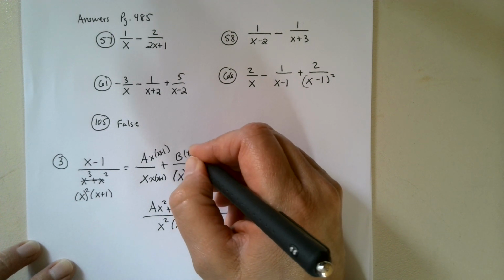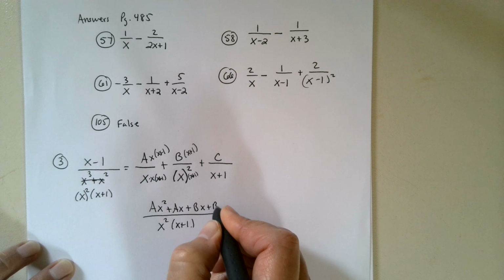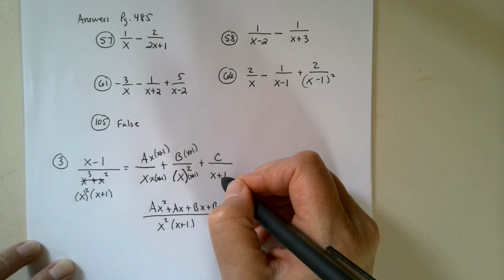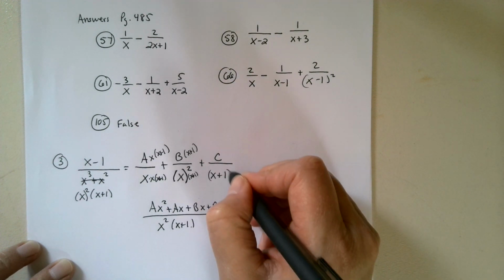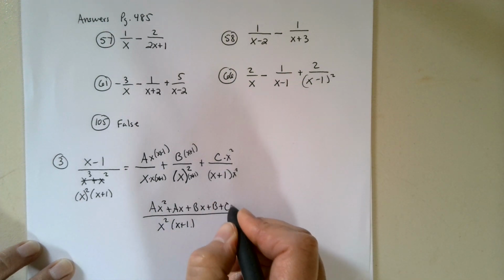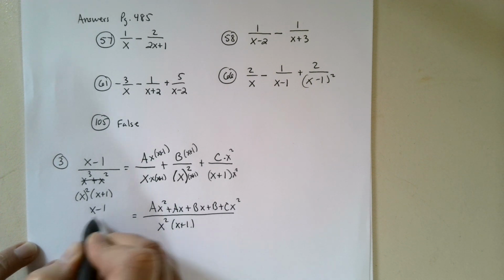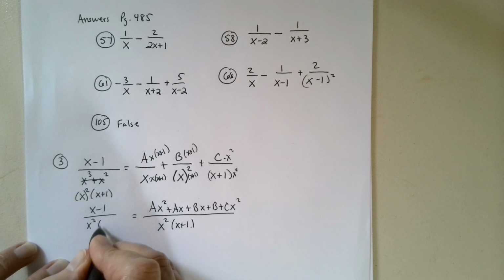So I'm going to multiply up here by x plus 1, and that's going to give me bx plus b. The third denominator needs an x squared. And so I'm going to multiply and get cx squared. Now I have equivalent fractions.